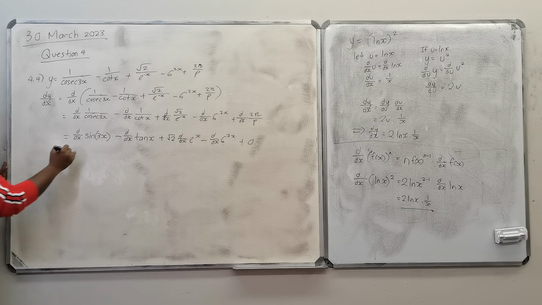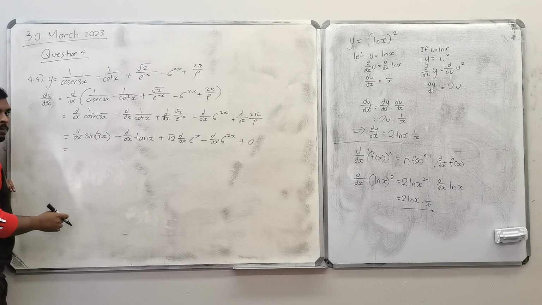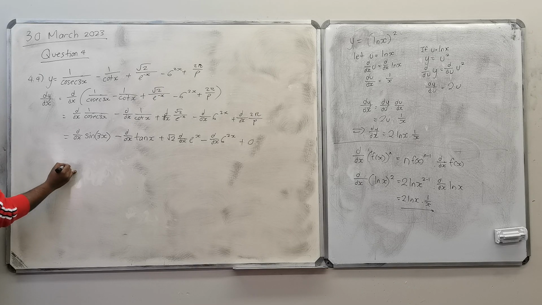Right? Now, let's go. The derivative of sine of 3x is what? What is that? It's sine of f of x, isn't it? So which rule are you looking at? 17. Sine of 3x, sine of f of x.